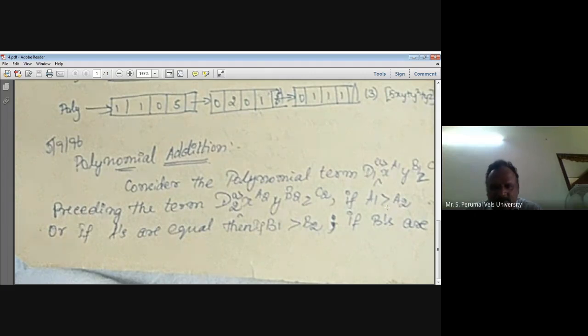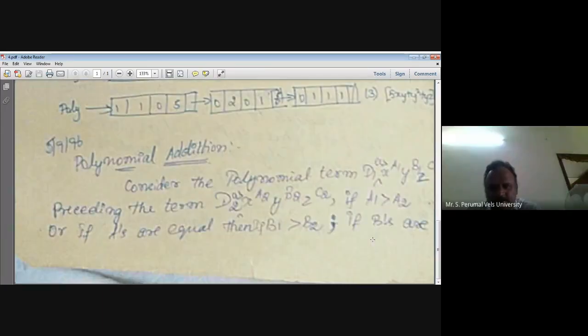So the constraint starts from here. What is the first one given there? Highlight it. Sir, if A1 is greater than A2.